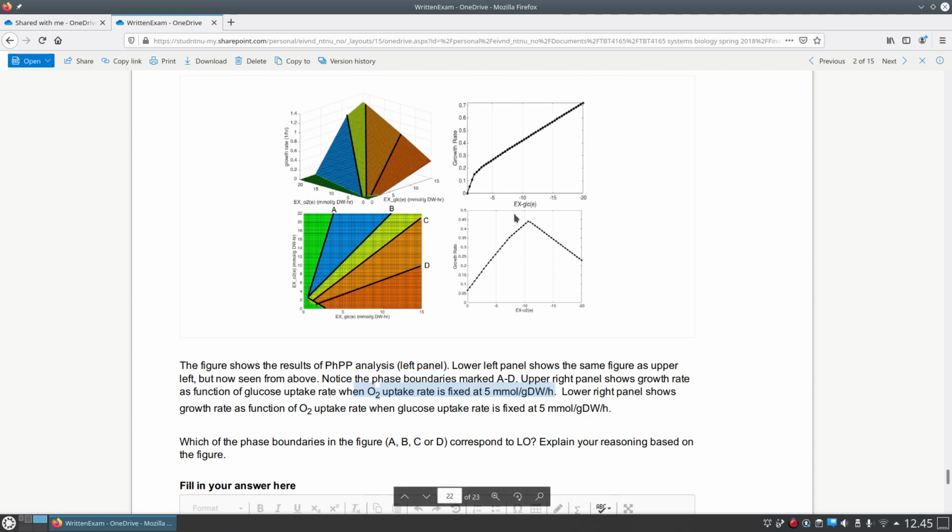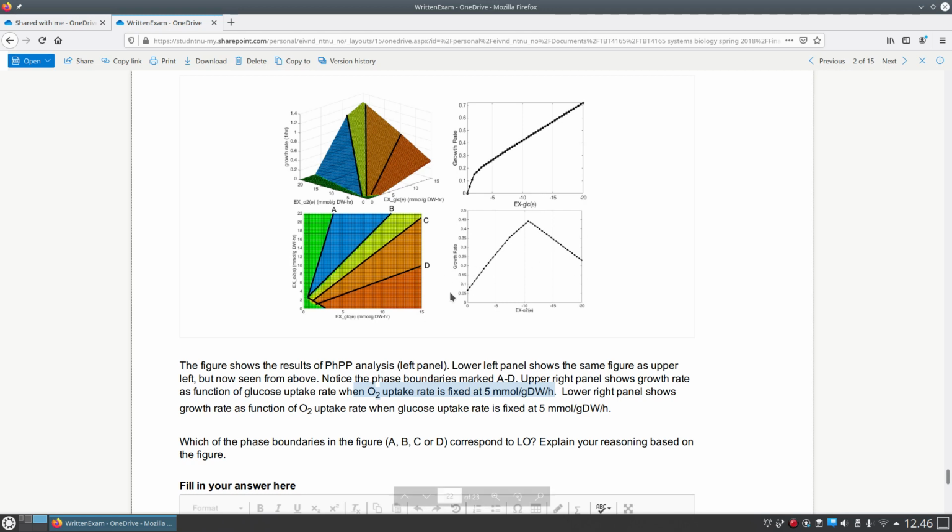And we see here clearly that for a glucose uptake of 5, our line of optimality is going to be one of these phase boundaries. So the question is, which one is it? And well, if we can identify one point that is on the line of optimality, then whatever line that point is located on will be the line of optimality.